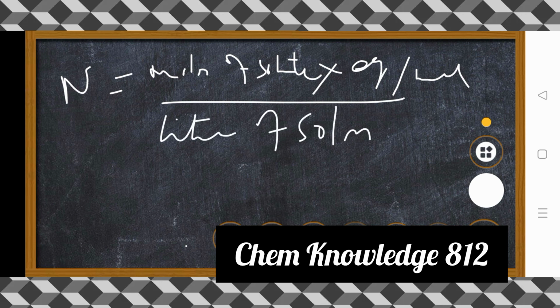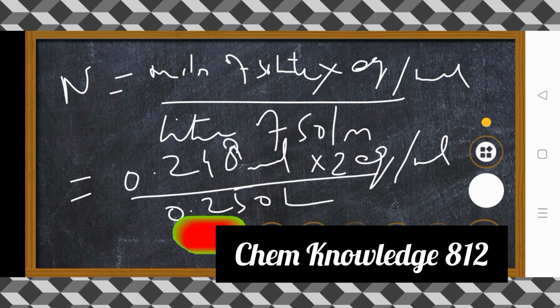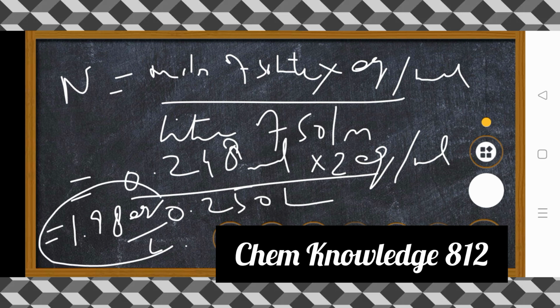So that will be equal to 0.248 mole multiplied by 2 equivalents per mole, divided by the volume, which is 250 ml, equal to 0.250 liter. So we will get 1.98 equivalents per liter. So the normality of sulfuric acid is 1.98 equivalents per liter.